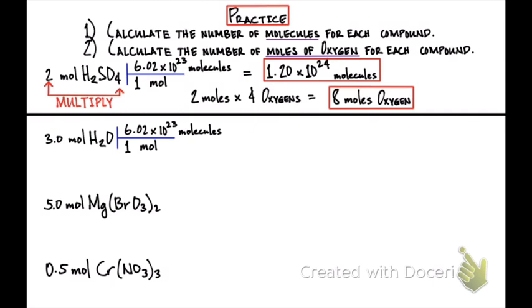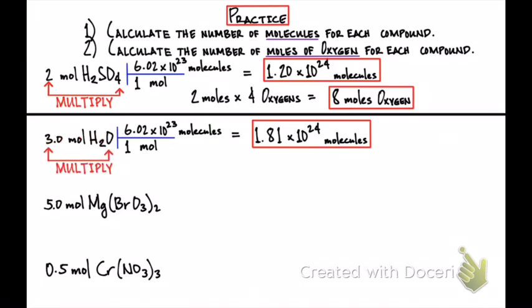The number of moles cancel each other out, and we get 1.81 times 10 to the 24th water molecules. All right, for the second question, calculate the number of moles of oxygen. Again, simply multiply 3 by the number of oxygen atoms, which is 1. 3 times 1 gives us 3 moles of oxygen atoms.